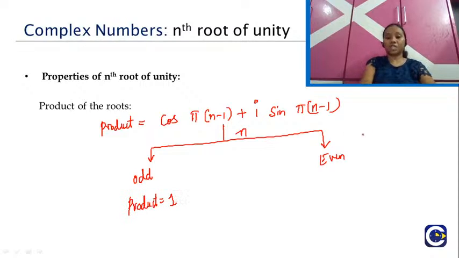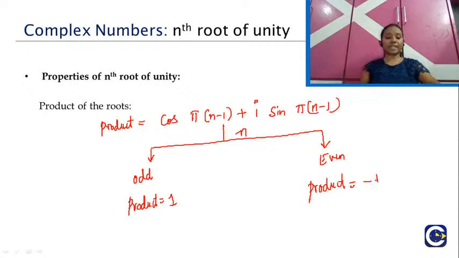So let's take even, let n equal 2. Here it will be 2 minus 1, that is 1. So cos pi plus i sin pi. The cos pi value is minus 1 and sin pi is 0, which means if my n value is even, then my product of the roots is equal to minus 1.